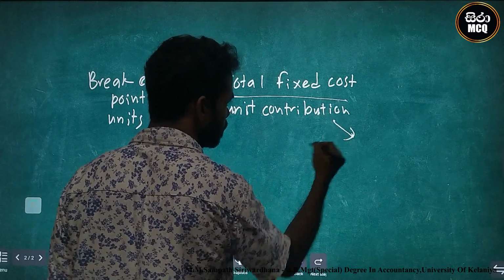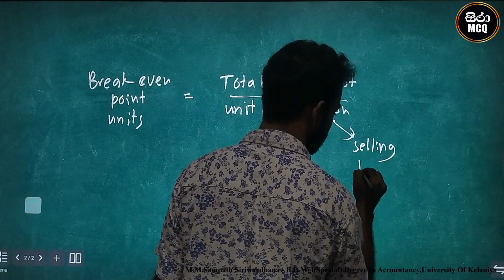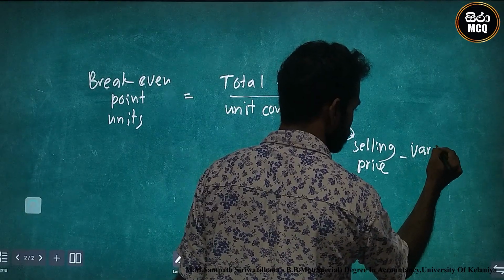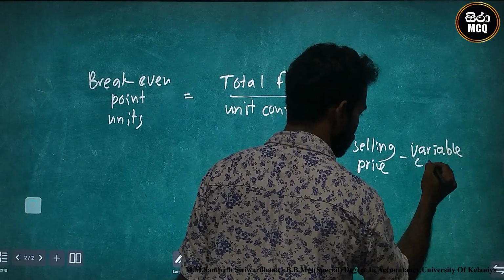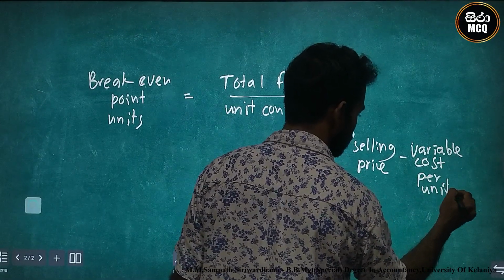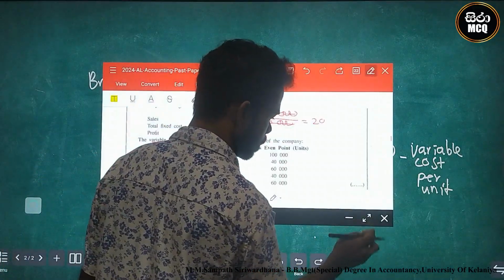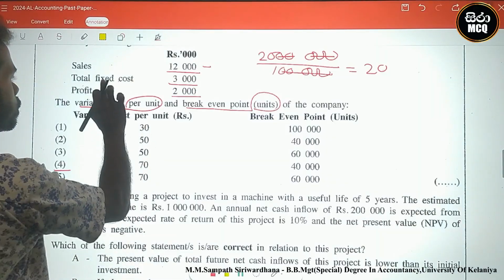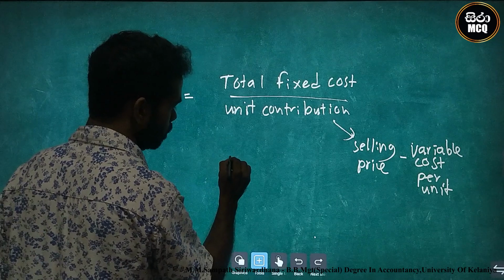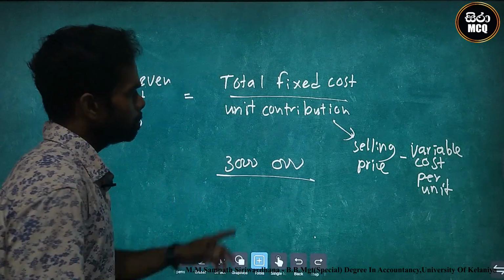How can we calculate unit contribution? Unit selling price minus variable cost per unit. Total fixed cost is already supplied to us. Total fixed cost is 3,000, meaning 3 million, so I add other zeros.